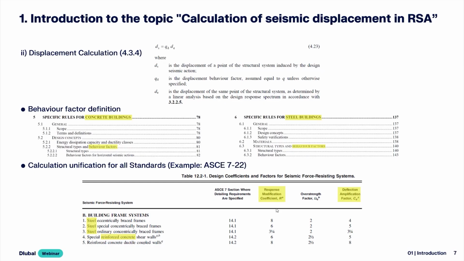But the big difference is that in this table we have two coefficients, R and CD, which are equivalent to Q and QD.